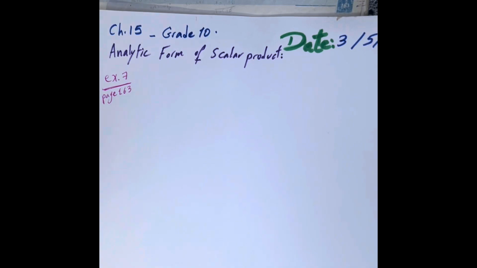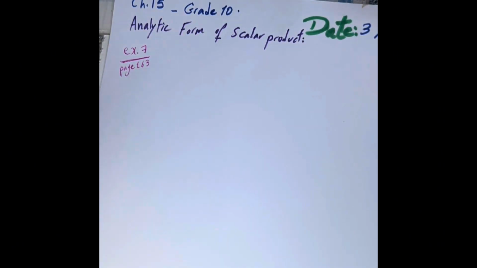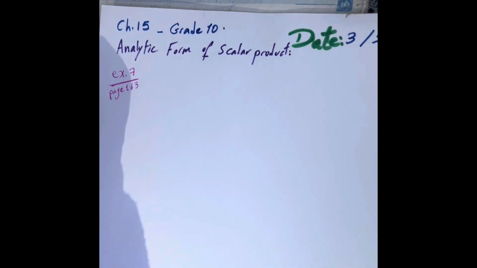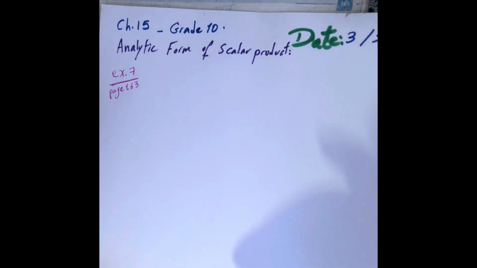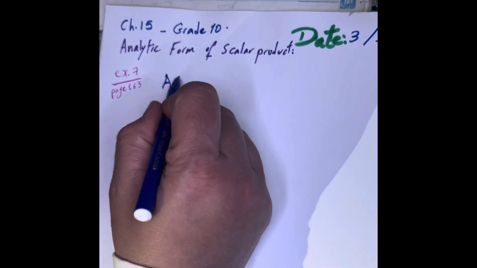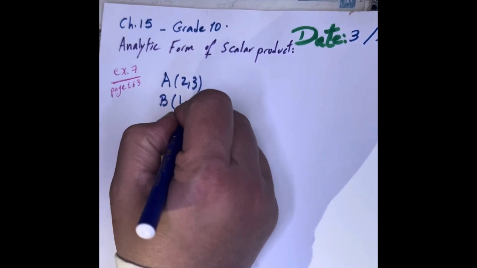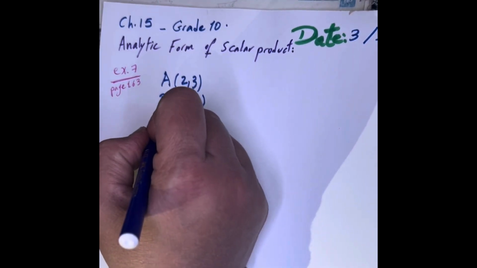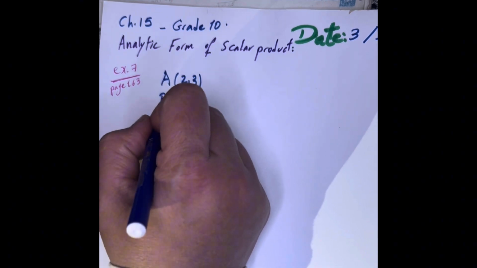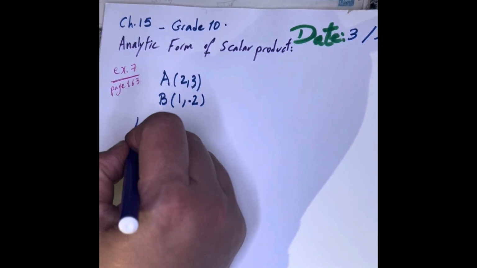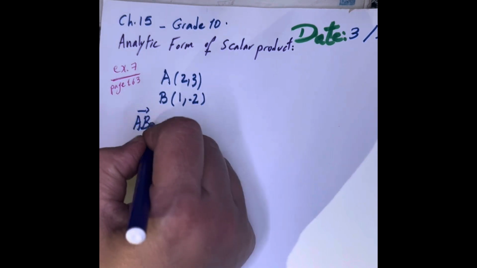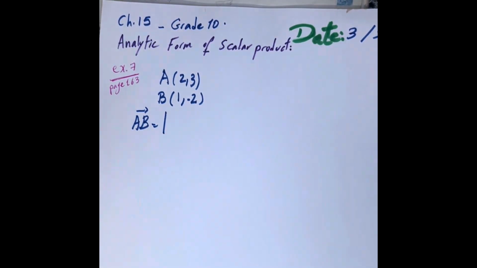Now we are going to find the coordinates of the vector AB. You know how to find AB. We are given A, 2, 3, and B, 1, minus 2. To find vector AB, as you know, we can write it in this form, okay?